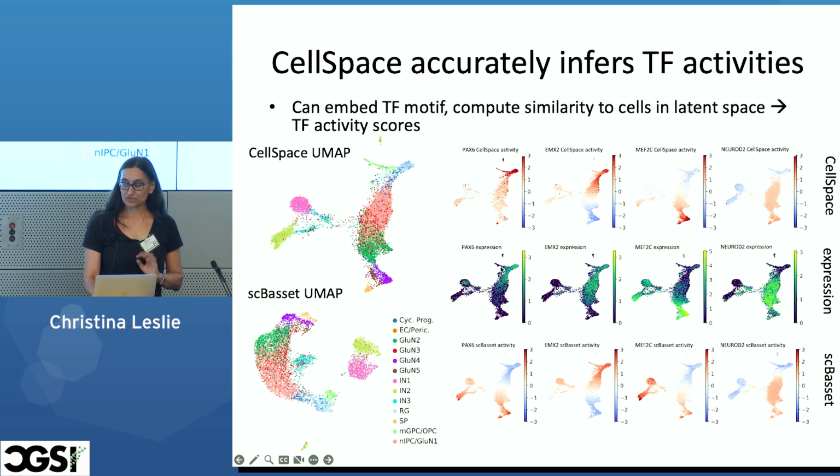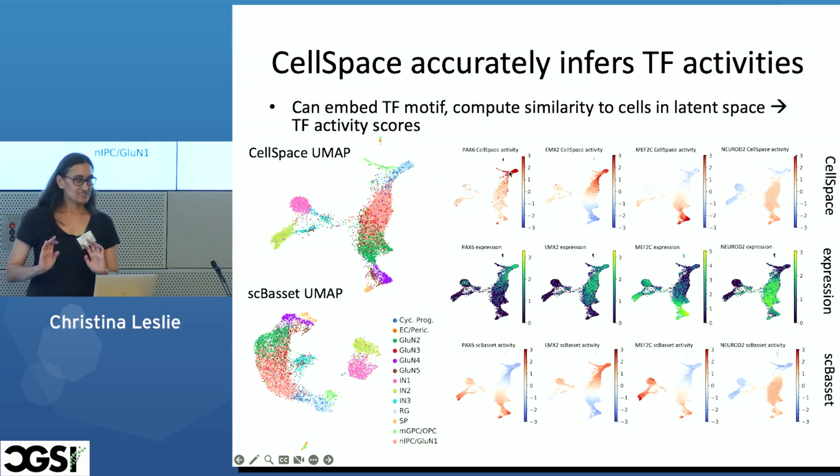Okay? And you see that the expression and the activity are fairly correlated. So for example, one factor is only expressed in radial glia, and we're saying it's only active, based on the motif embedding, in the radial glia.